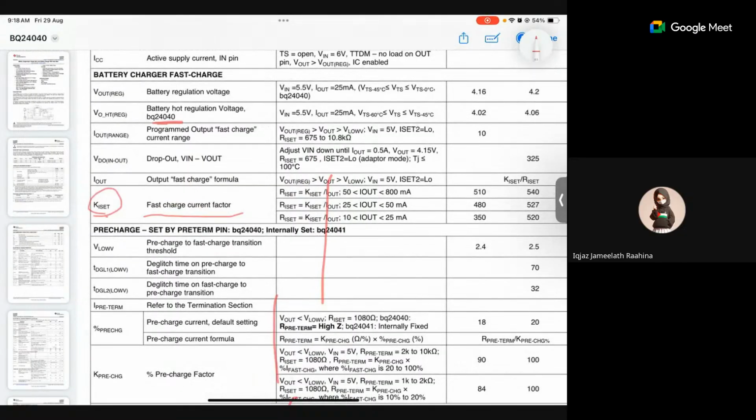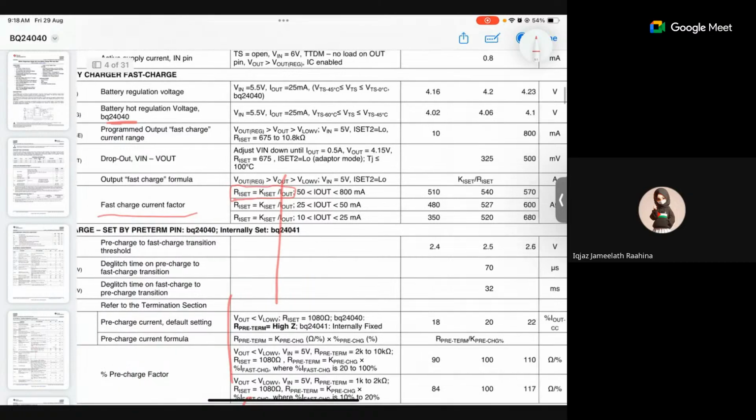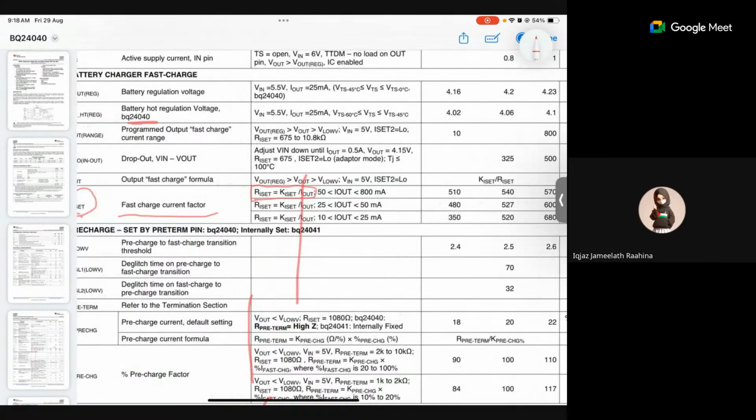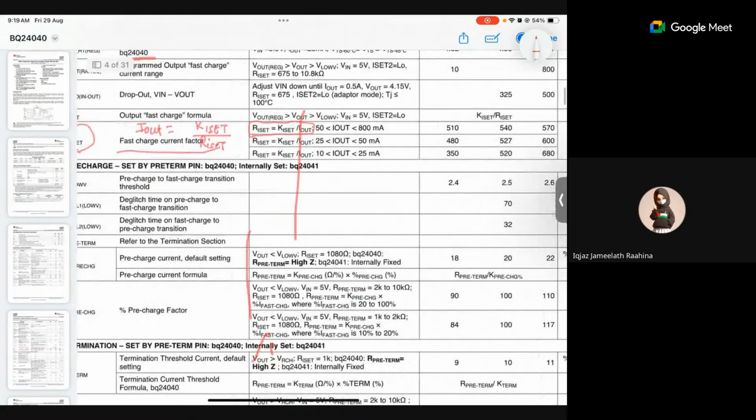So we require K I set because the formula for R I set is equal to K I set upon I out. We have to calculate the I out. So I out is K I set upon R I set.